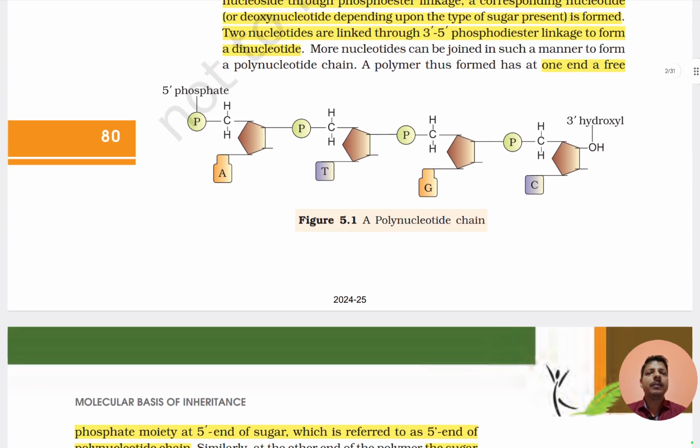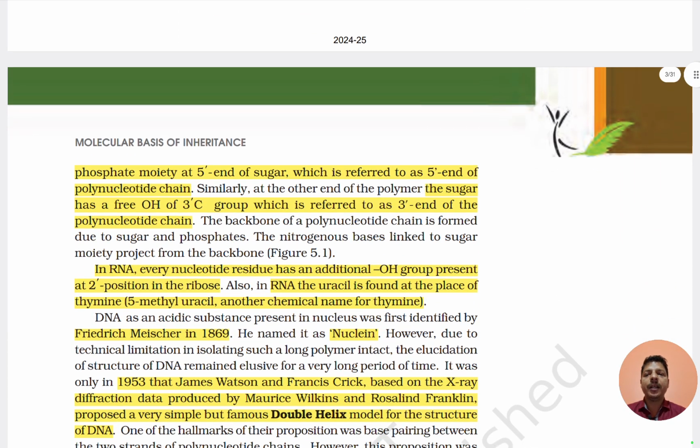Thus, a polymer has a free phosphate moiety at the 5' end of the sugar, which is referred to as the 5' end of the polynucleotide chain. Similarly, the sugar has a free OH of the 3' carbon, which is referred to as the 3' end of the polynucleotide chain.